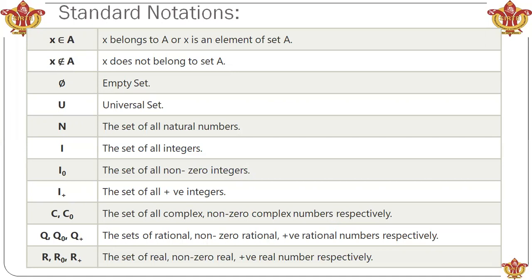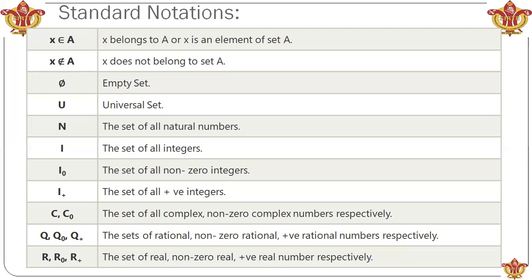The empty set phi is written like this. The universal set is denoted by U. Capital N is denoted for all natural numbers. I is denoted for the set of all integers. I naught is denoted for the set of all non-zero integers. I plus equals the set of positive integers.